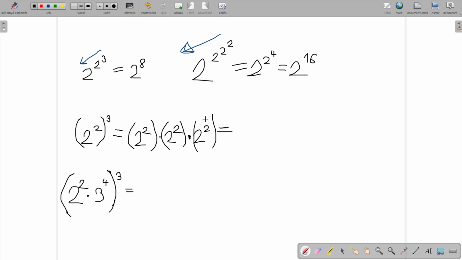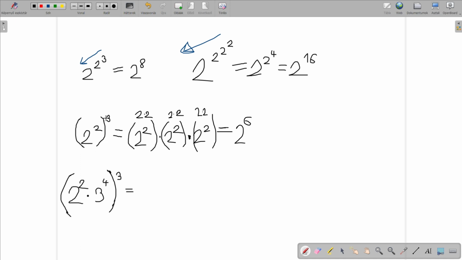Well, if we want to rewrite these 2 squares as just 2 times 2, we can definitely do that. 2 times 2, this is 2 times 2, this is 2 times 2. And what happened here? We have 2 to the 6th power, because we multiply 2 by itself 6 times.